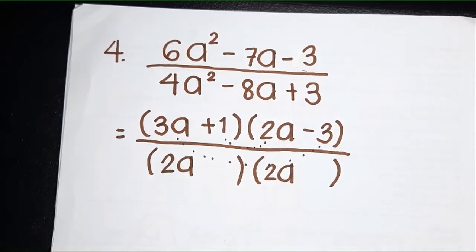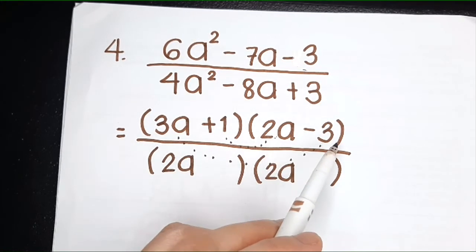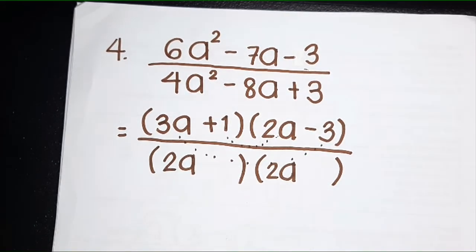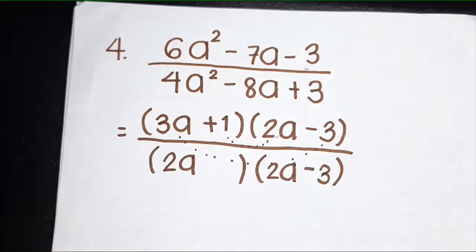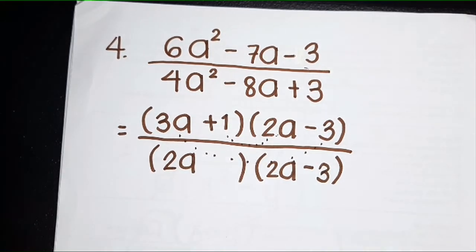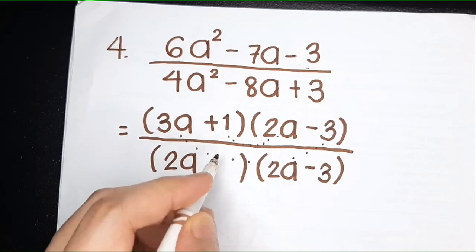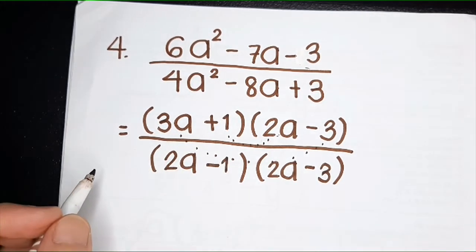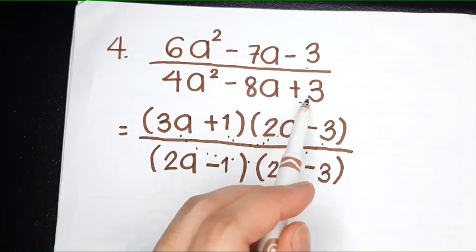Isa pang clue. Dito sa numerator, you have 2a minus 3. Right? So, itry ninyo, baka naman minus 3 talaga yung isang factor, 2a minus 3. Okay? You check, baka pwede. So, if this is negative 3, ano yung kapartner nyo dito? It should be negative 1, because your goal is to have a positive 3. Right?